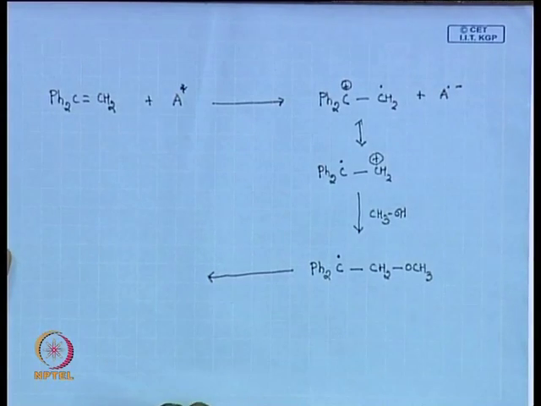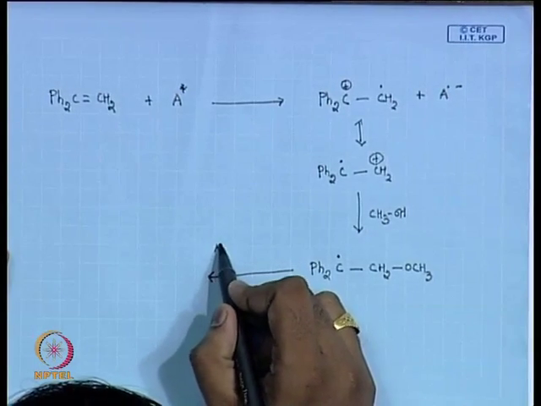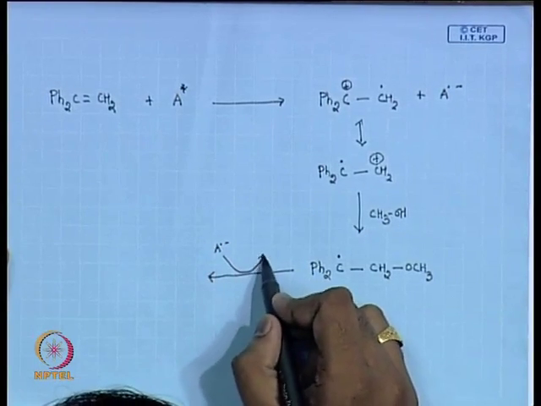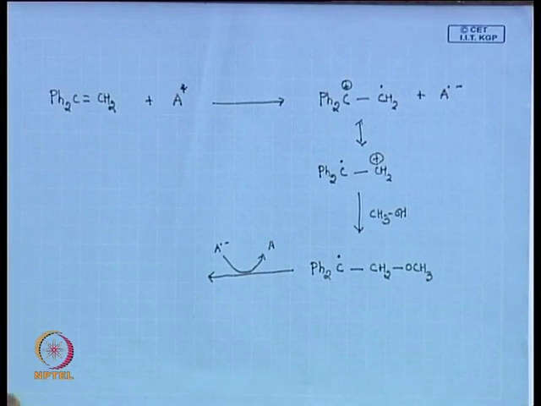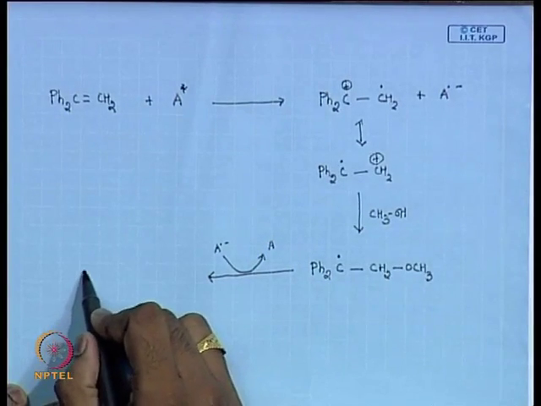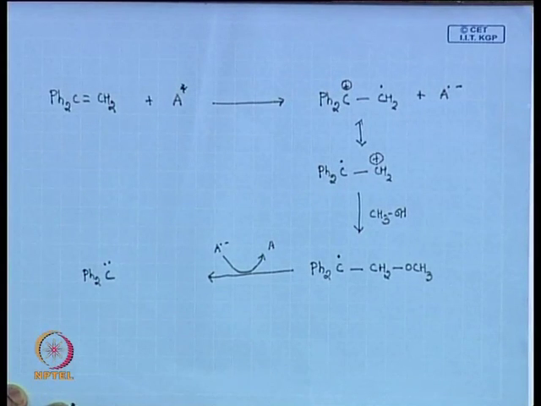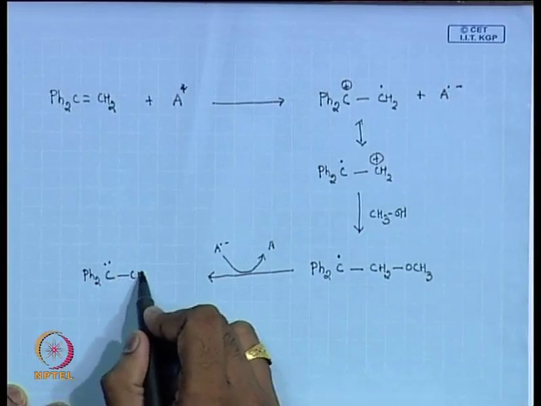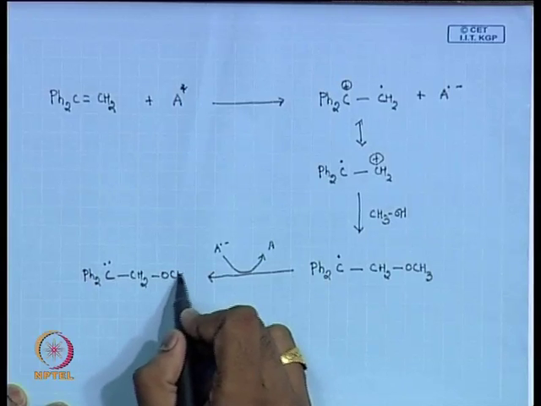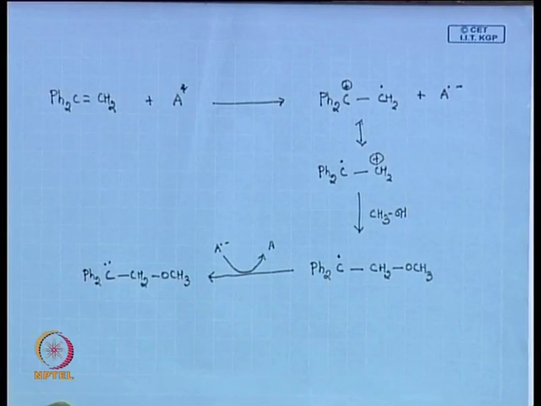So the acceptor will come, give the electron back, and becomes the acceptor again. So it becomes Ph2C anion.